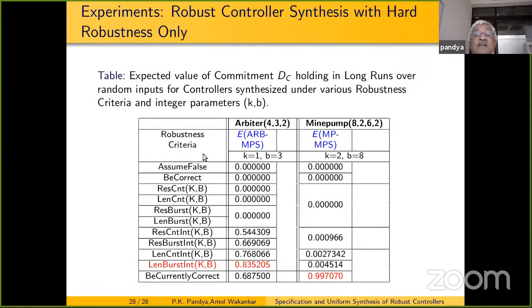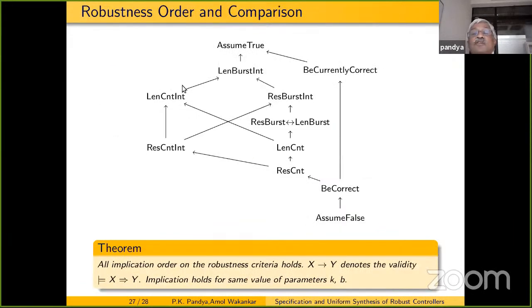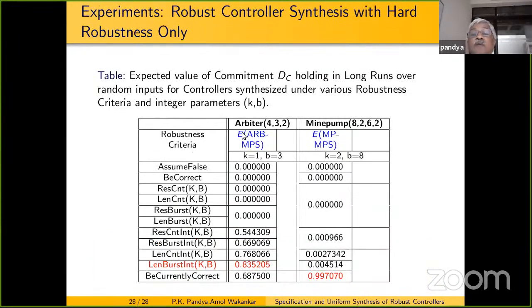And you can see that if you go back to this diagram, for the highest, assume true, both these problems become unrealizable. So if you don't make any assumptions, you are not going to be able to build the controller, right?